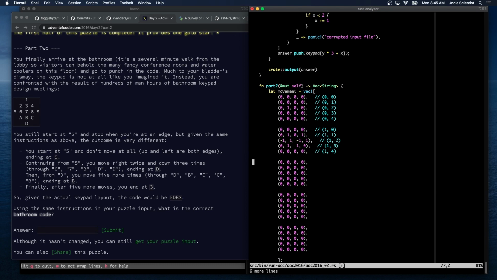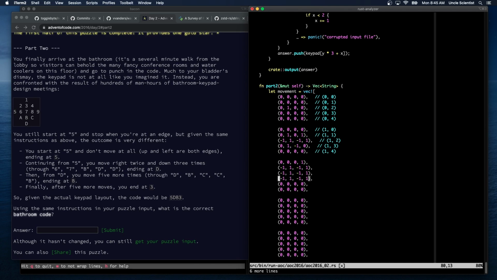Okay. So for the middle row at 5, up, down doesn't work. Left doesn't work, but right does. This is a full up, down, left, and right. This is also a full up, down, left, and right.